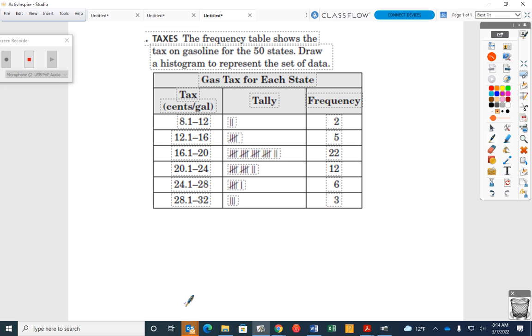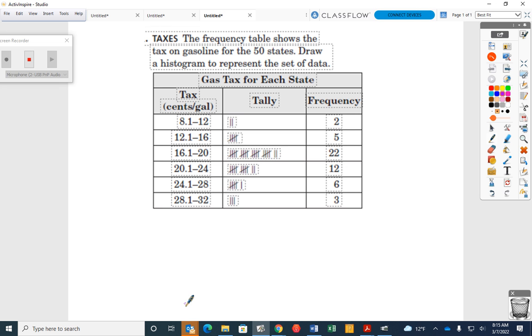In other words, if this last one went from, say, 24 to 32, would that be accurate? Because that's actually representing 2. Does that make sense? Now, all of the ones on your worksheet are even, but anytime you make a histogram, you have to make sure all of your intervals are spaced evenly. They're divided into equal parts. All right, go ahead and make it, please, and we'll go from there.